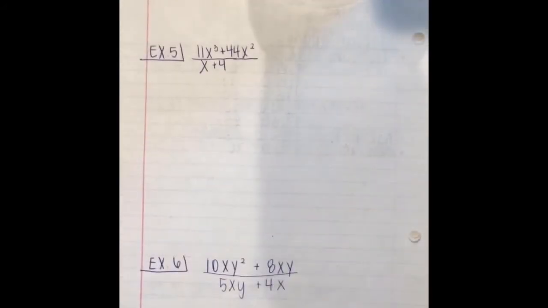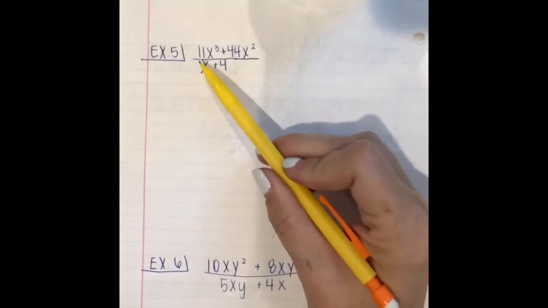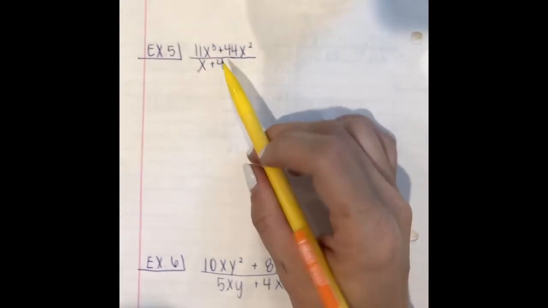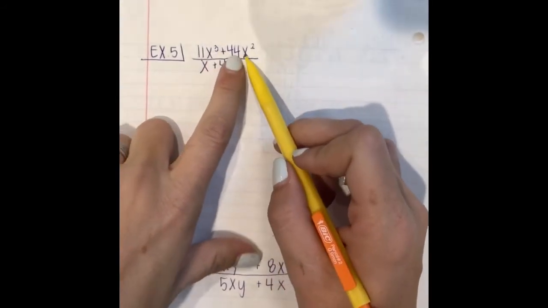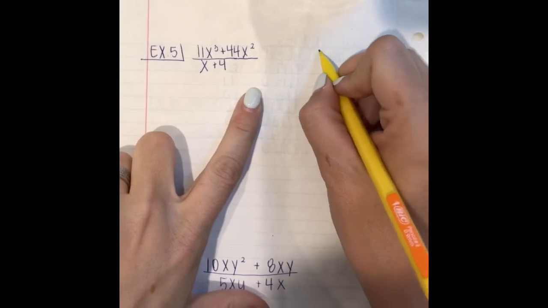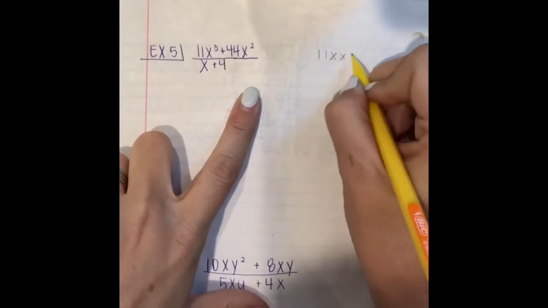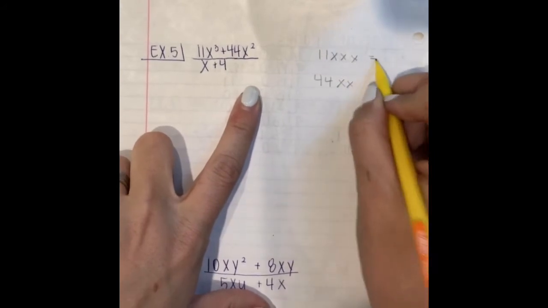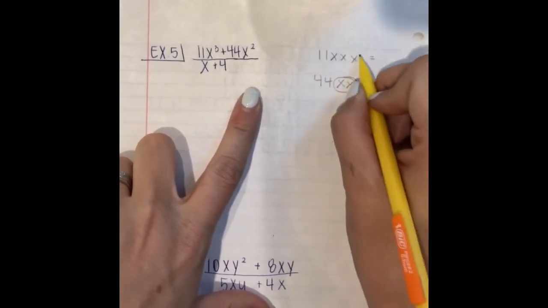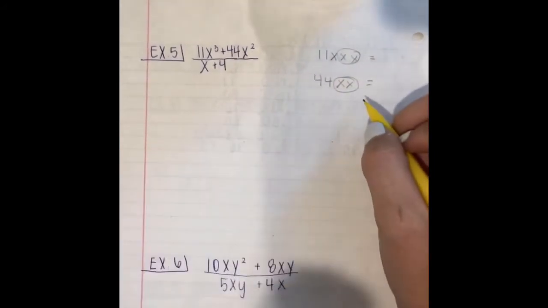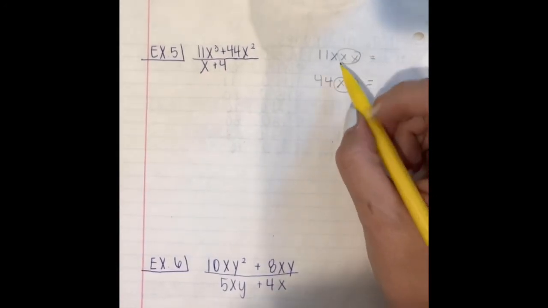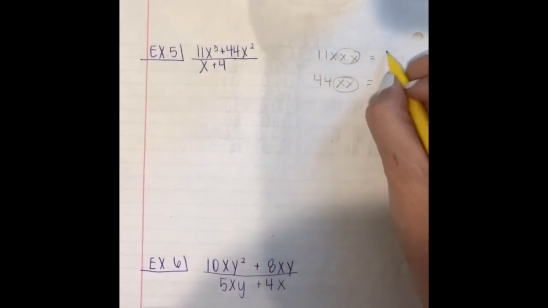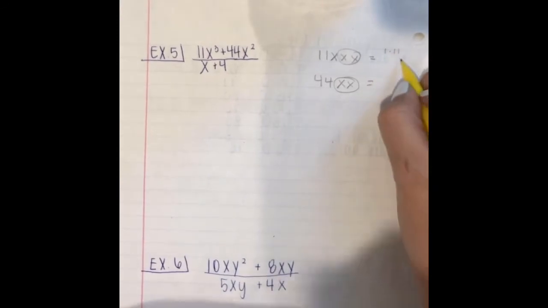All right, last two examples. For this one, we're finding the GCF for 11x cubed plus 44x squared. So we have 11 with 3 x's, and then we have 44 with 2 x's, which means they have only 2 x's in common, okay? Things that'll multiply to give you 11 would just be 1 times 11.